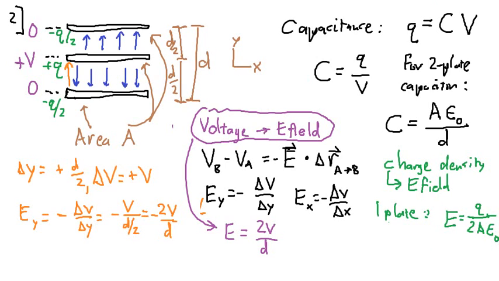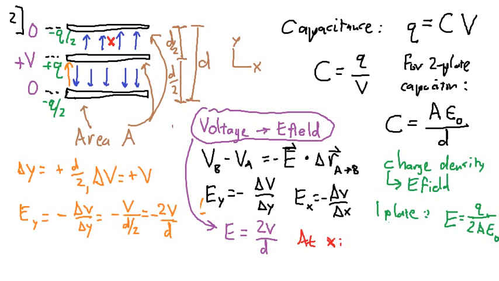I hope this is still visible, okay? So this is the charge on the plate divided by 2 times the plate area and epsilon naught, where epsilon naught, again, is the same universal constant, 8.85 times 10 to the minus 12. That's for one plate.